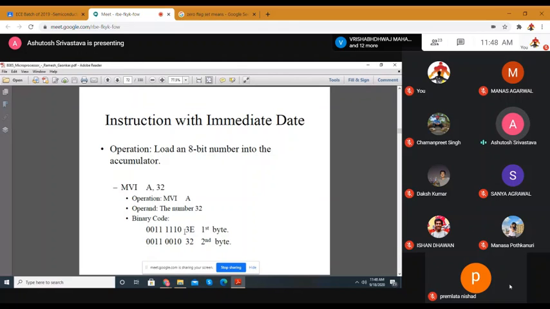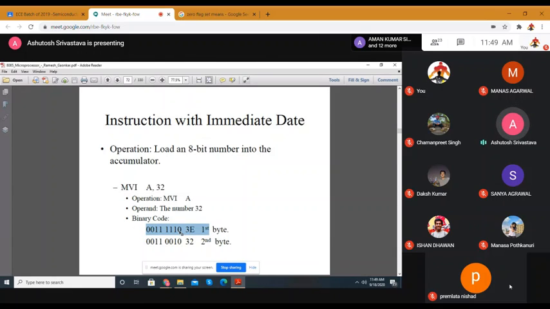Yes, so the machine only understands zeros and ones. So what is its binary for this type, for MVI A type of operation? It is 00111110.